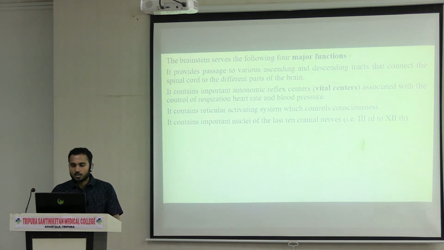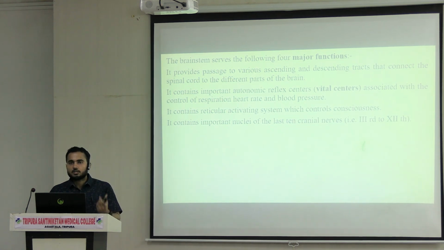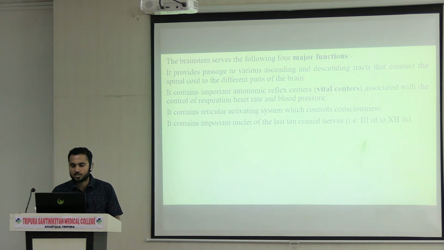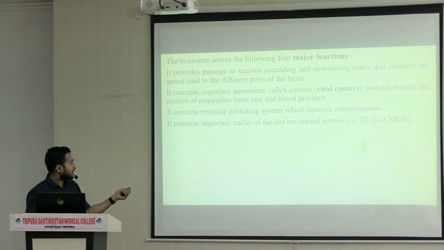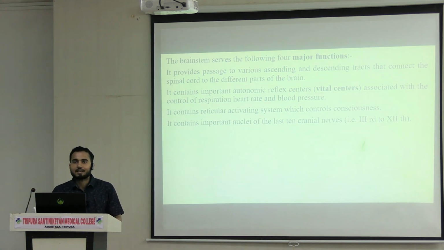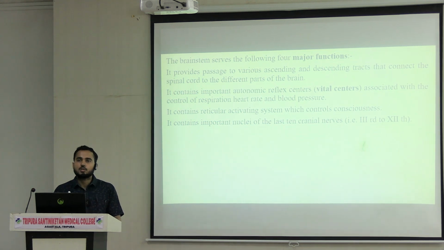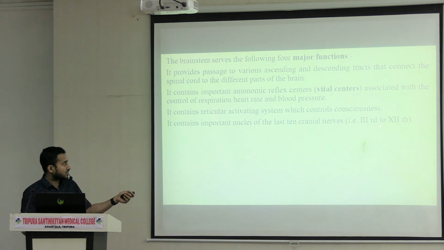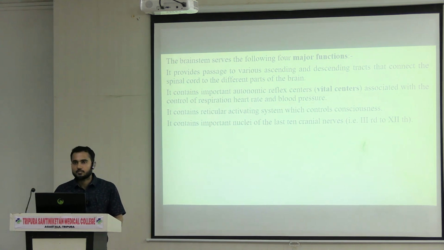These autonomic reflex centers, the vital centers, are very important, because they control the rate of respiration, heart rate, blood pressure, etc. Next, the reticular activating system controls the consciousness of a person. And lastly, it gives attachment to the last 10 cranial nerves. So the last 10 cranial nerves are attached to the brainstem. These are some important common functions of the brainstem.